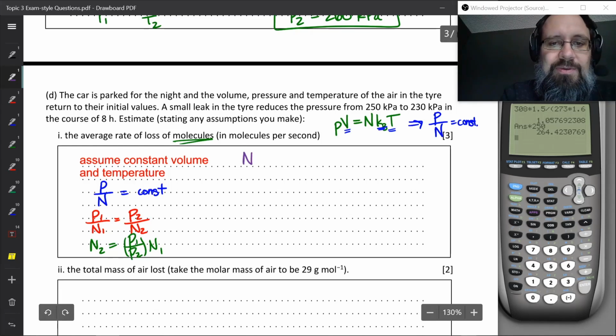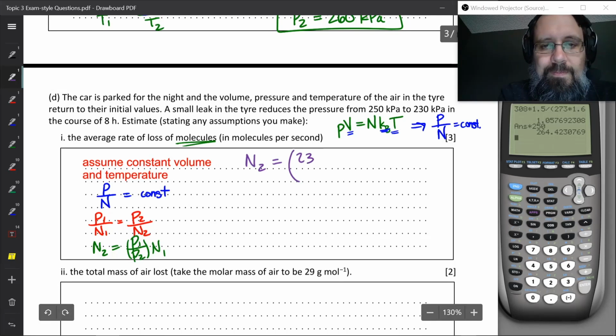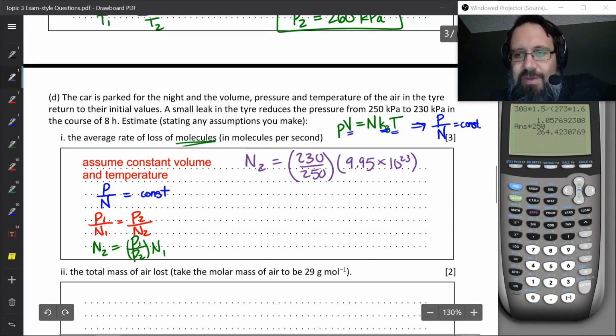So N2 is going to be equal to the first pressure, which is 230, divided by 250, and then multiplied by that 9.95 times 10 to the 23rd, the number of particles we started with. That'll give us how many particles we end with.